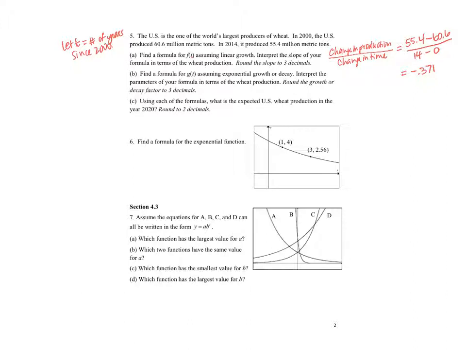And so then our function, f of t, is going to be the slope, negative 0.371 times t, plus our initial value. In 2000 it was 60.6. And so that's my linear function. Now what are the units of the 0.371? Well, production was measured in million metric tons, and time was measured in years.